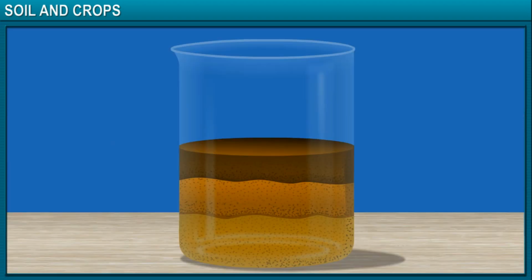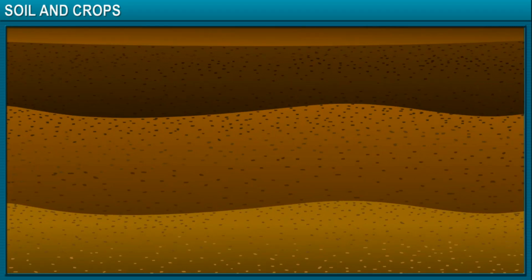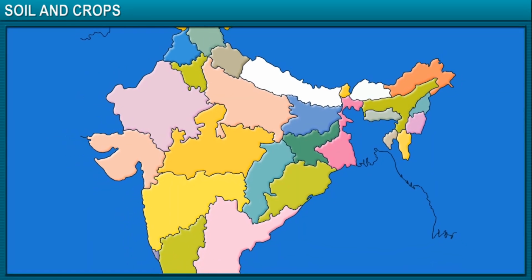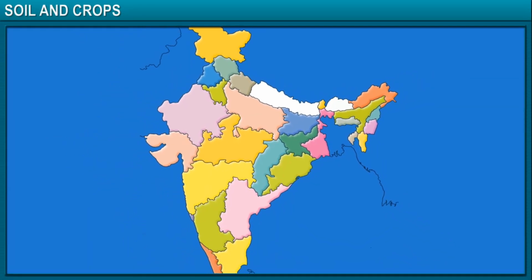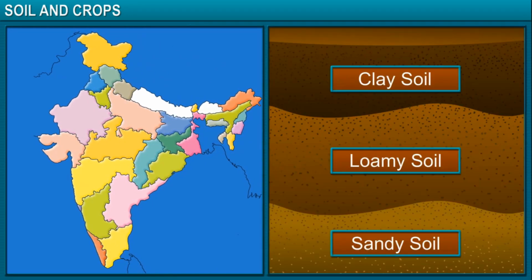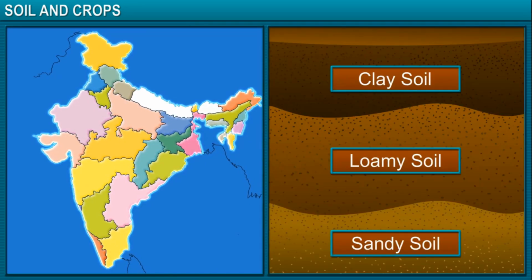Based on the composition and absorption rate of soils, different crops are grown in them. In a vast country like ours, we can find all the different types of soils in different areas.